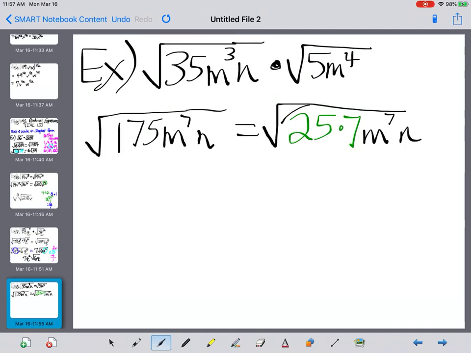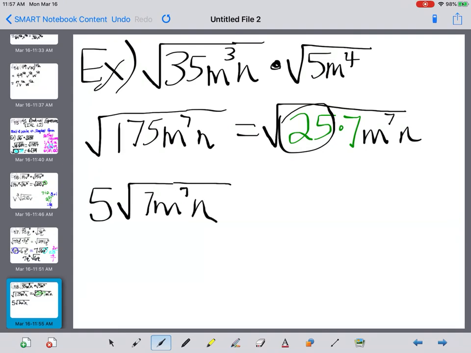Okay, so 25 is a perfect square, so we're going to circle it. So we're going to have 5, because square root of 25 is 5. And then I'm still going to have inside the 7 m to the 7th. Whoa. So 7m to the 7th n.